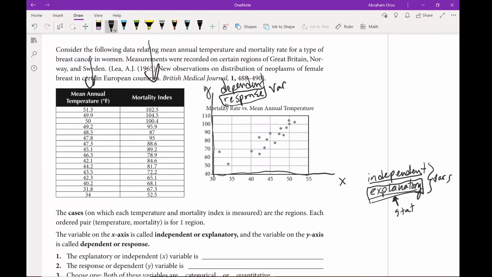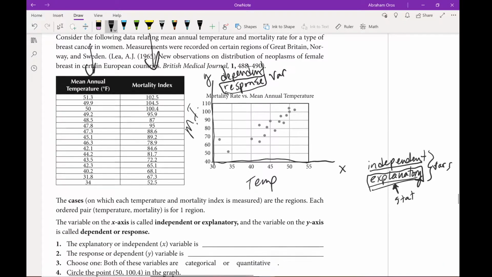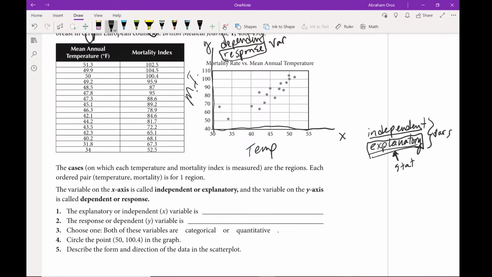So since that's the case, the temperature is going to be on the x-axis, and it is going to explain, or at least partially explain, the mortality index. That will be your response variable. All right, so let's go back down here. Number 1, the explanatory or independent variable is the temp. The response or dependent variable is the mortality index.